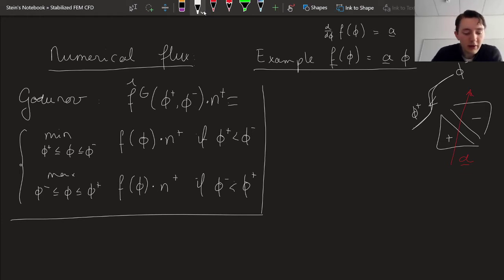So in this case, the Godunov flux is going to be equal to f phi dot n plus, so that's going to be a dot n plus times phi, where phi is going to be such that we get the minimal value. But we know that phi plus is going to be the smaller of the two, so naturally this is going to be equal to this.